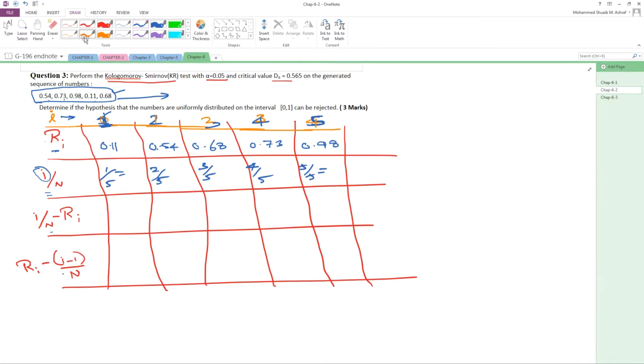Okay, so here calculate 1 divided by 5. Students, fast, open the calculator and tell me 1 divided by 5.